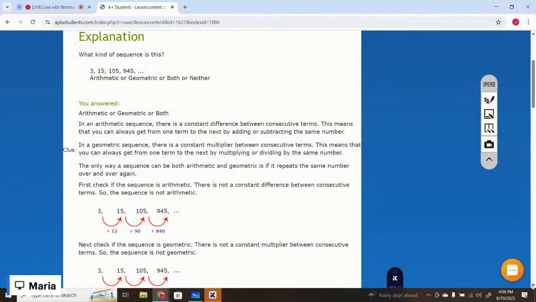In an arithmetic sequence, there is a constant difference between consecutive terms. This means that you can always get from one term to the next by adding or subtracting the same number.